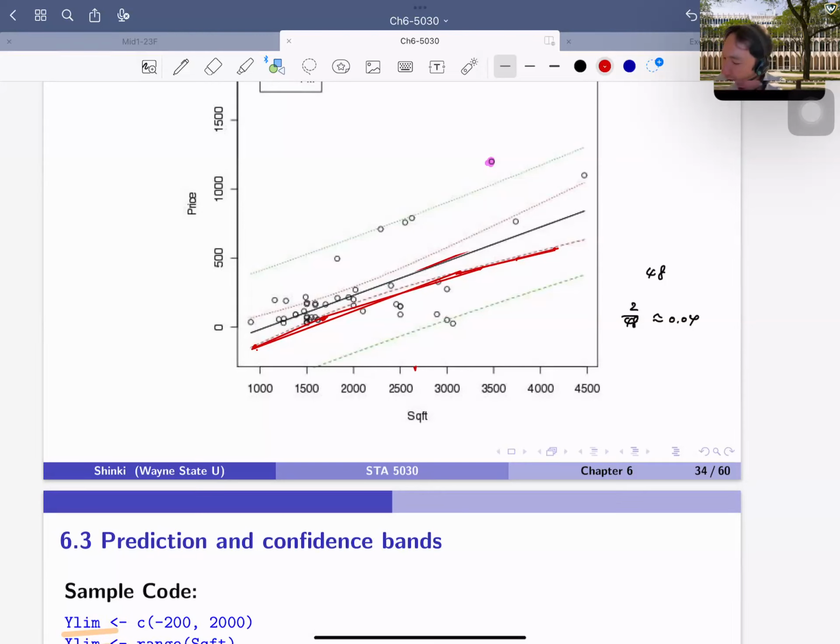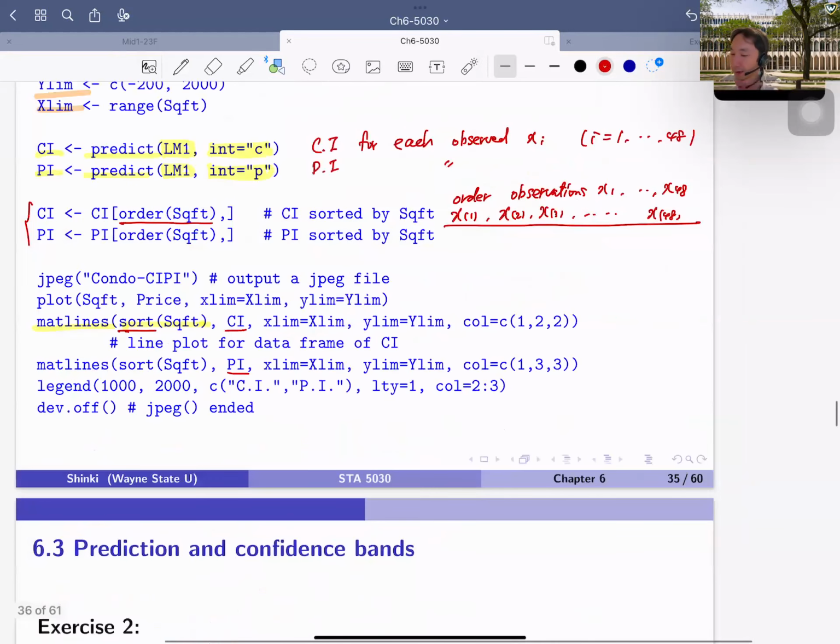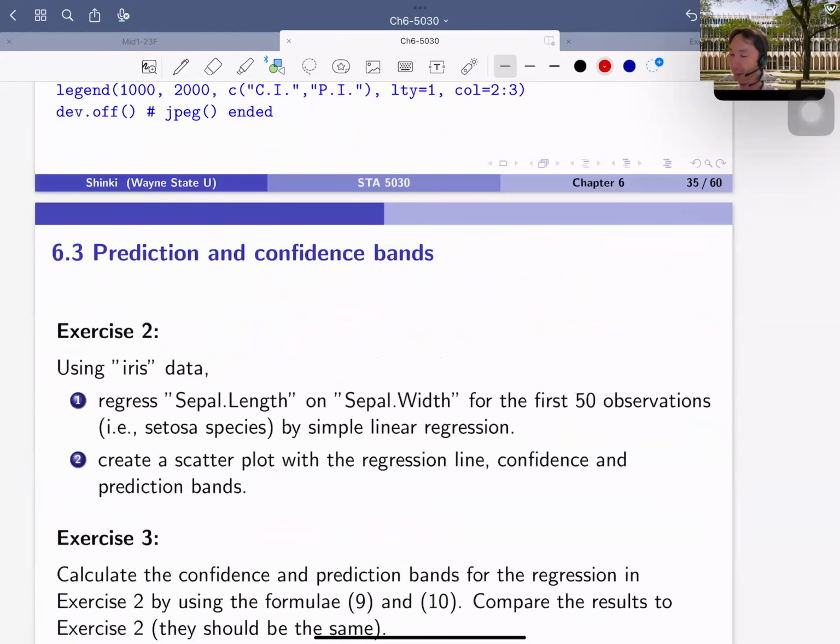Then it does not become a band, but a messy random line graph. So to make a beautiful band, we have to order the x values and connect them one by one, just in order. That's why we order this to make bands.